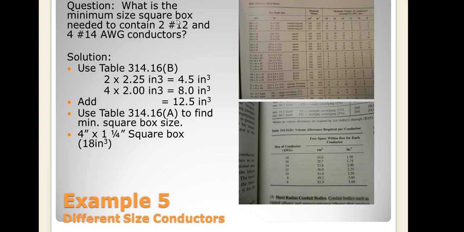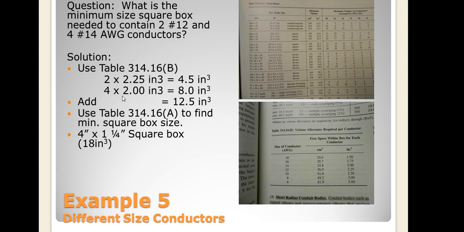What is the minimum size square box that is needed for 2 number 12s and 4 number 14s? Well, in this table, it gives you the conductor allowances for the particular size conductor. This is only done for determining box fill, and this is the table that is used. So number 12 occupies 2 1/4 cubic inches. Multiply that by the quantity in the box, and you do the same for 14.